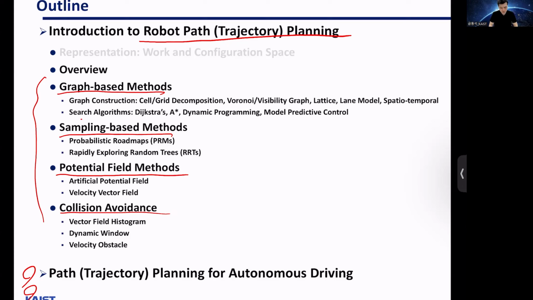These are 4 traditional, well-studied path and trajectory planning methods for robots. So we are going to cover robot path trajectory planning methods first, and then we will move on to trajectory planning for autonomous vehicles, and how some of these principles are applied to autonomous vehicles.